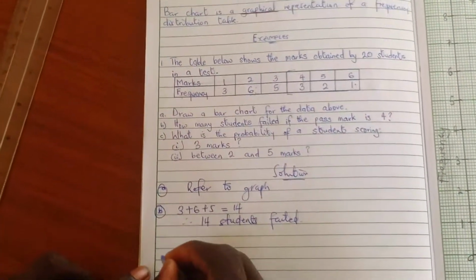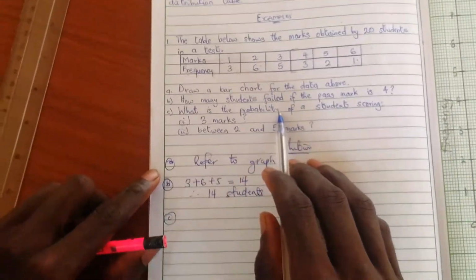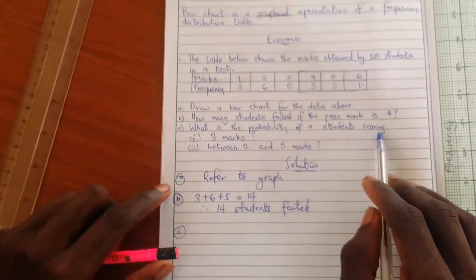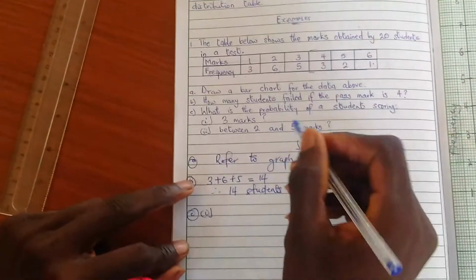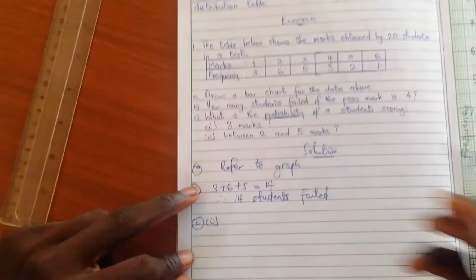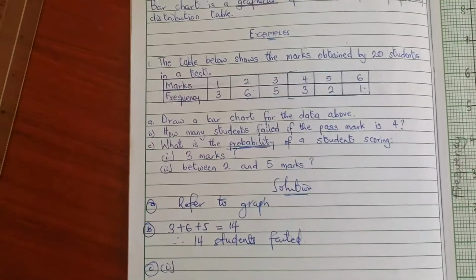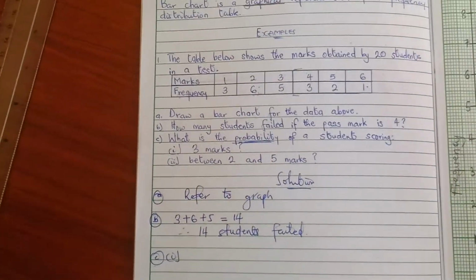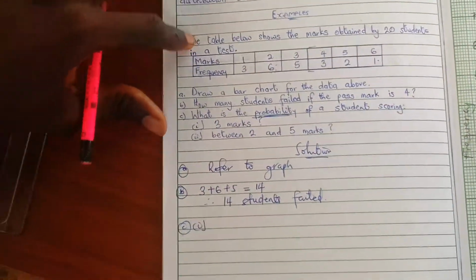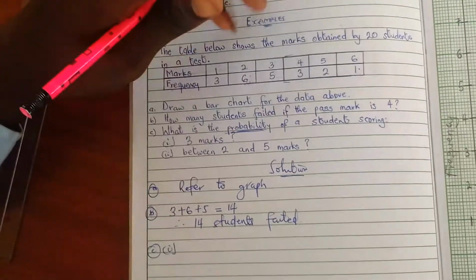When you come to C, C is saying, what is the probability of a student scoring 3 marks? We have been asked to find probability. Now, since we are new in Form 2, probability will be quite a new word for us. But probability itself is a topic on its own to be taught as we move on.